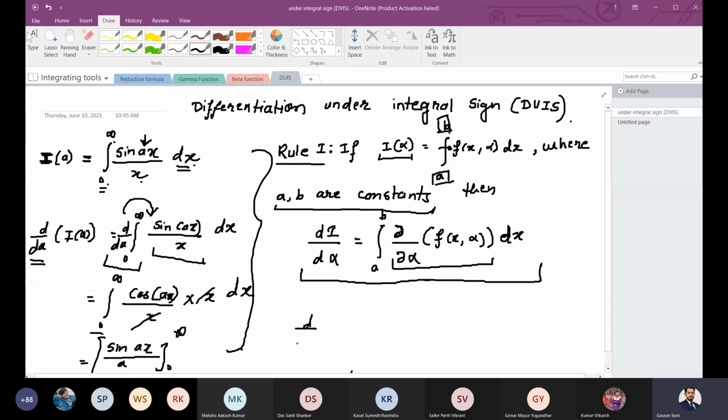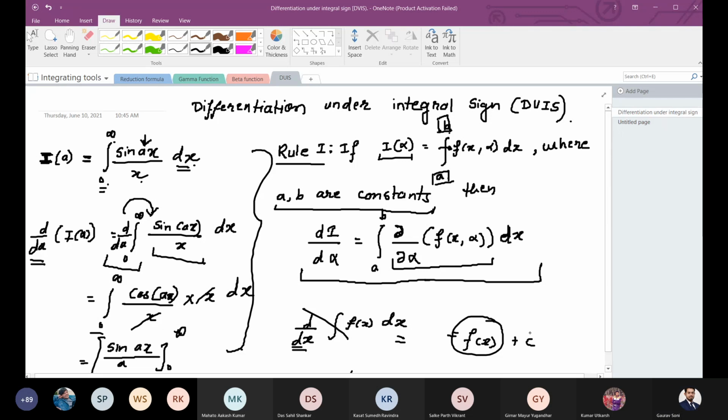So if we have d by dx of integration f of x dx, the derivative is with respect to x, and the integration is with respect to x. These two cancel out each other, and the answer is f of x plus an integrating constant c. If these are definite integrals from a to b, then derivative and integration cancel out each other, because both are with respect to x.